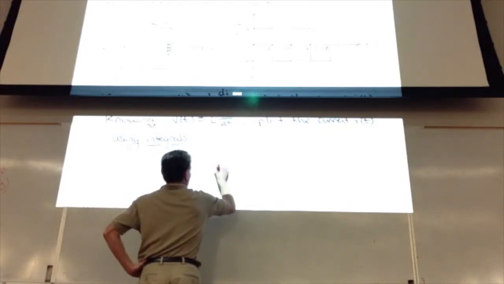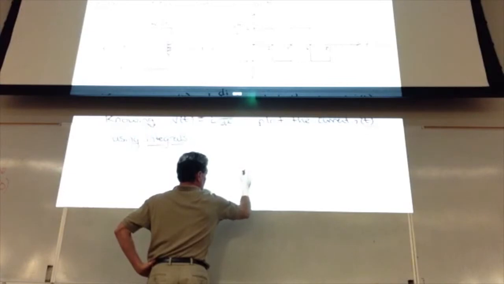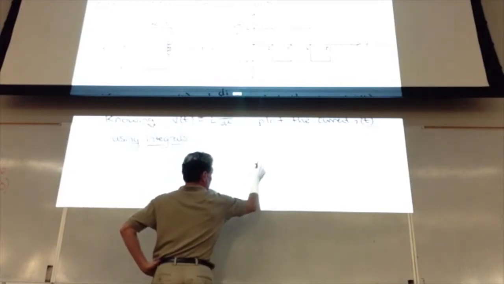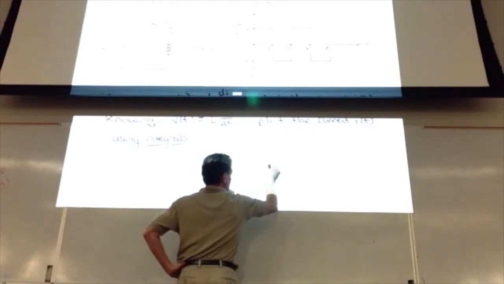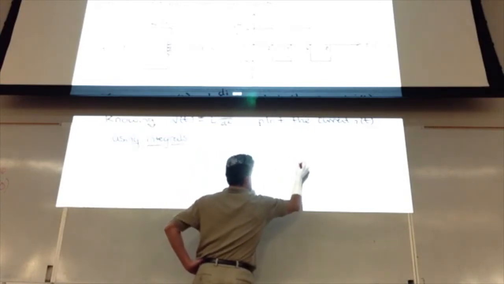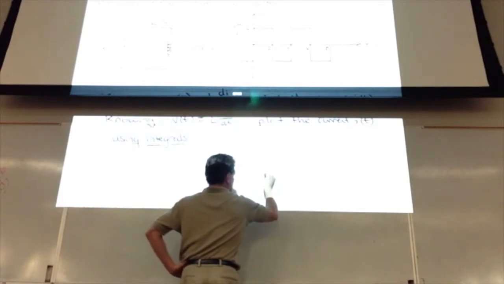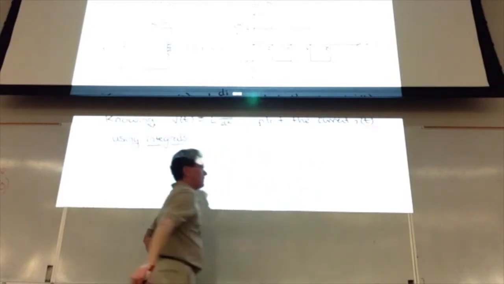And now we have I of t equals 1 over L, which is 500 times 10 to the minus 3, the integral from 0 to t of minus 9 dt plus I at t. Oops, this can't be 0. This lower limit has to be 2. And I of t equals 2.